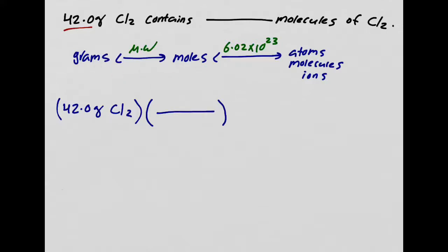Grams goes down here so it can cancel out, and on top I'm going to put the moles. How do I go from grams to moles? Molecular weight. What is the molecular weight of Cl2? The molecular weight of Cl2 is 70.9.